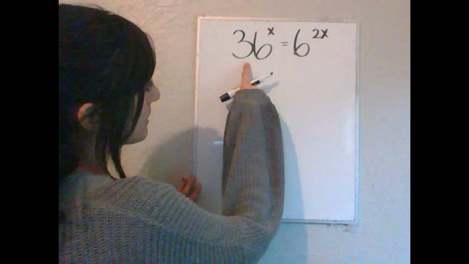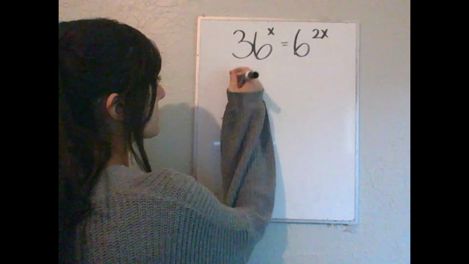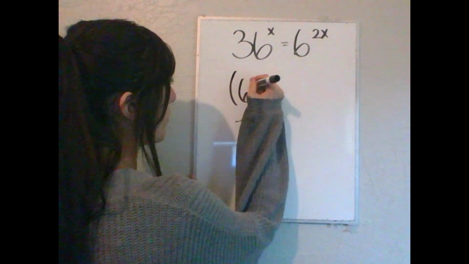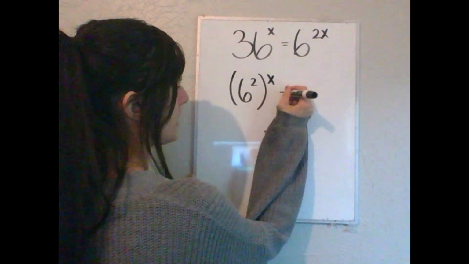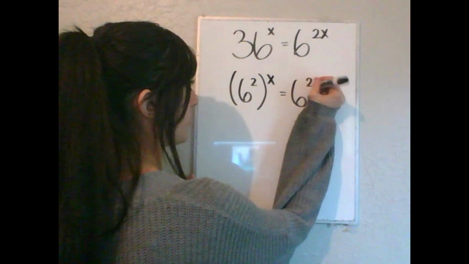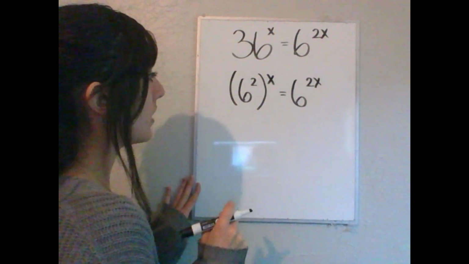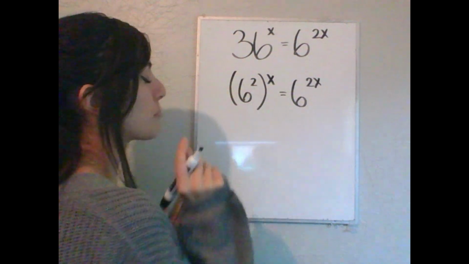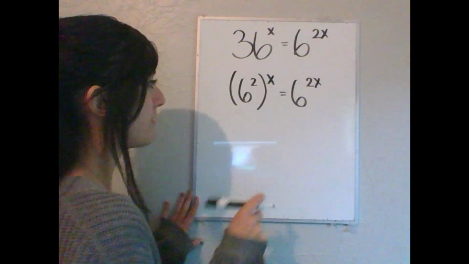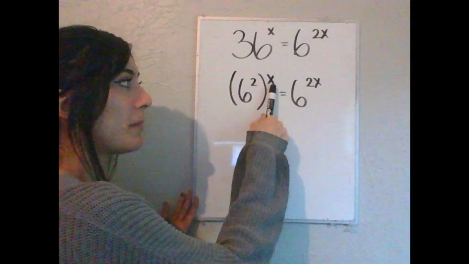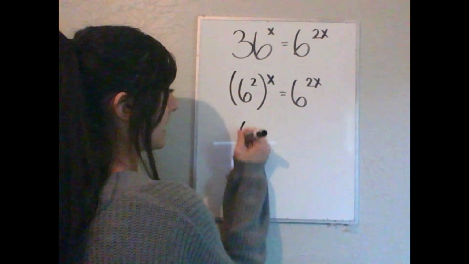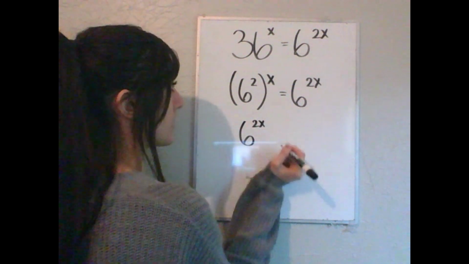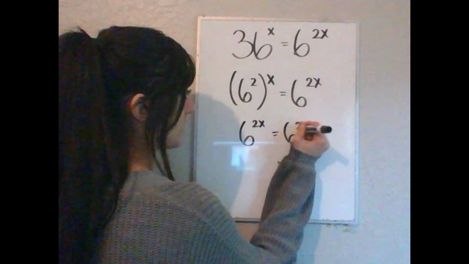So I'm going to rewrite this one as 6 squared to the x power equals 6 to the 2x. Over here, our properties of exponents tell us if I have a power to a power, I just multiply those. So this will be rewritten as 6 to the 2x, and this side will stay the same.